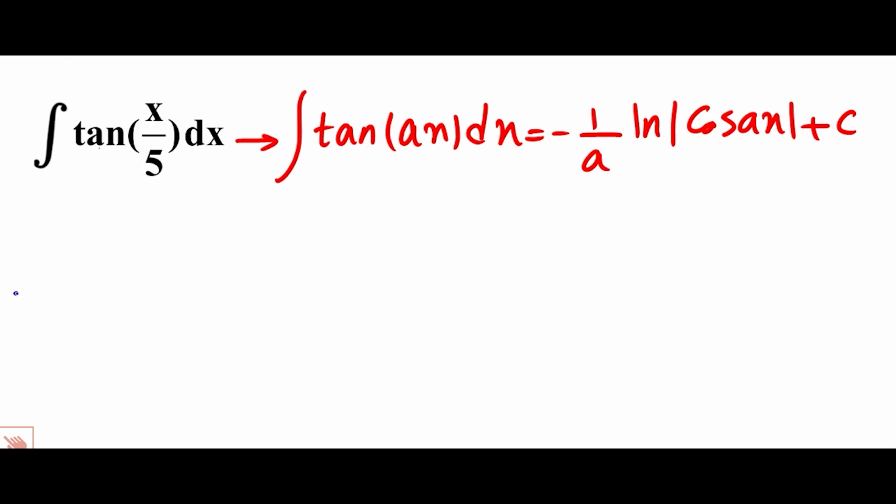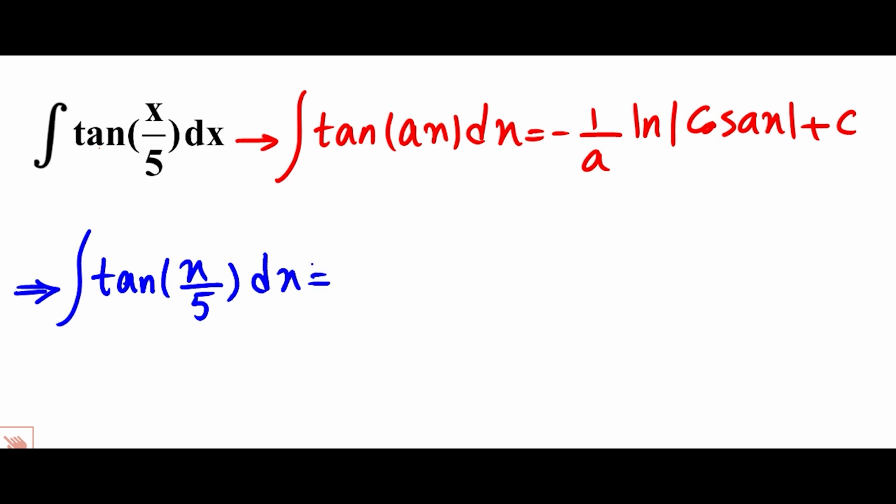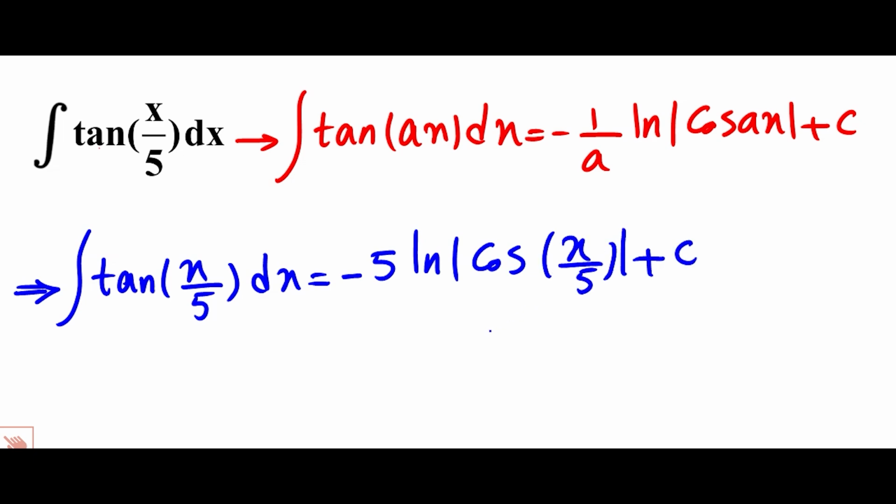So we have the integral of tangent of x over 5 dx equals negative 1 over 1 over 5 equals negative 5 ln of the absolute value of cosine of x over 5 plus c.